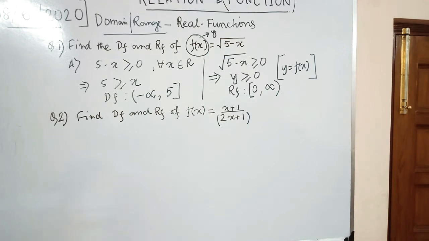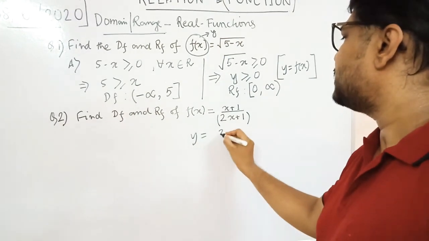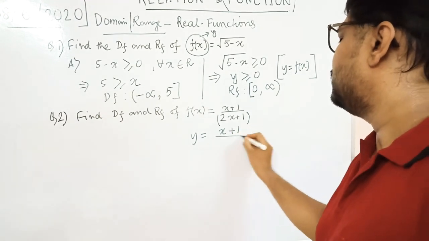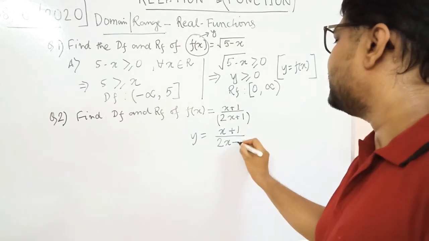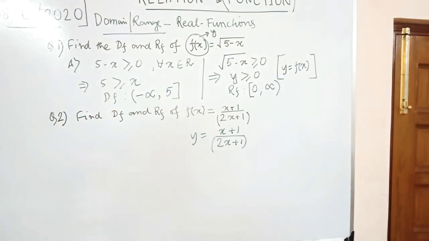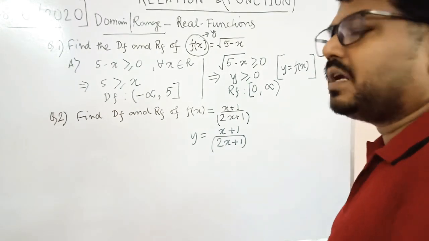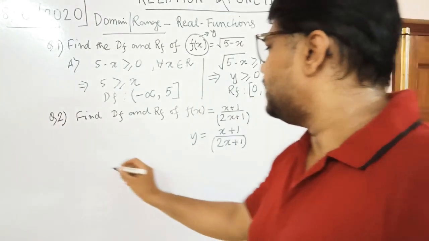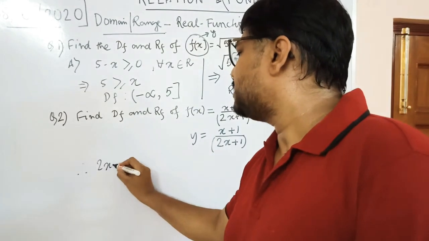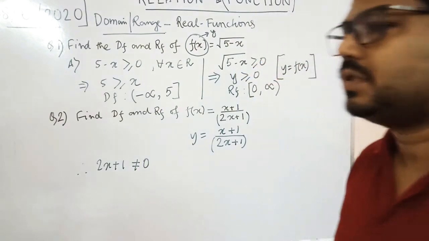So y equals x plus 1 by 2x plus 1. Now just look at it. The denominator should be non-zero, because if it is 0, it becomes undefined. So we write here that 2x plus 1 should be not equal to 0.